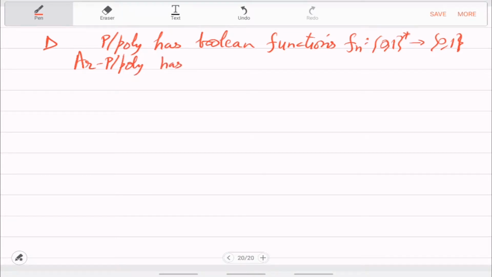has polynomials, which take n inputs from the field and the output is a field element. This is how you can distinguish the two, Boolean functions versus polynomial functions.